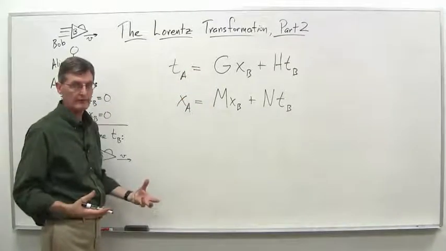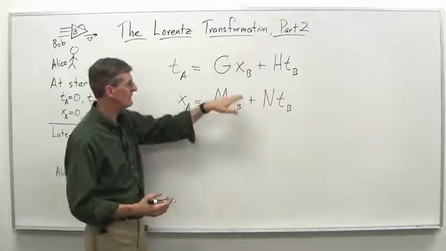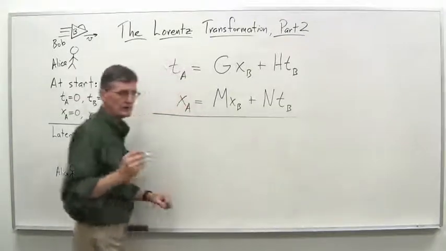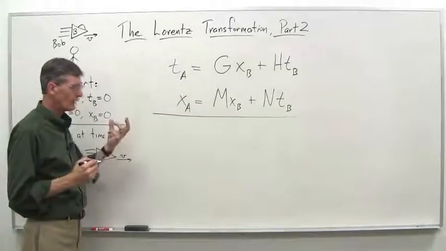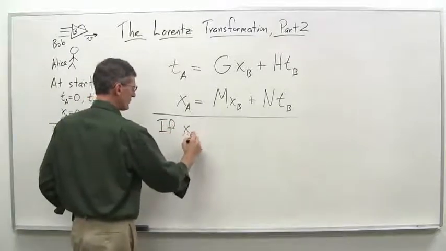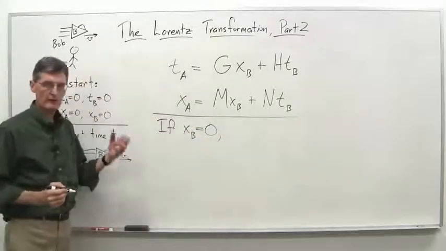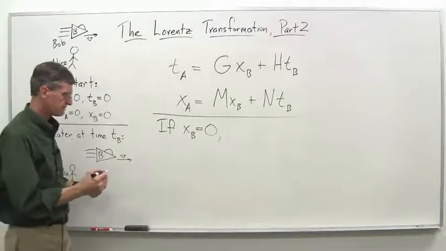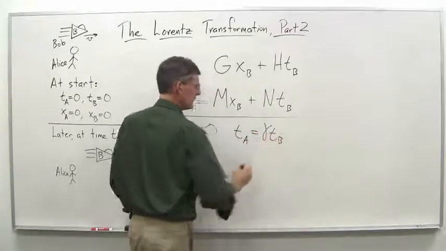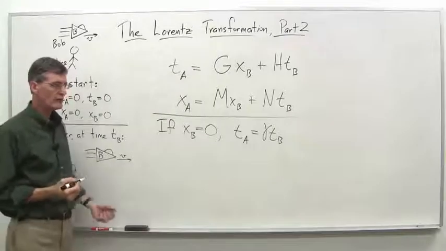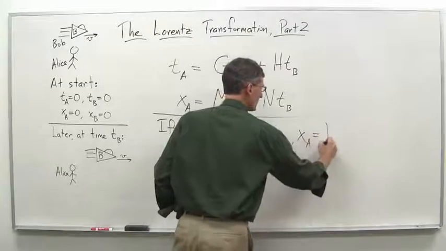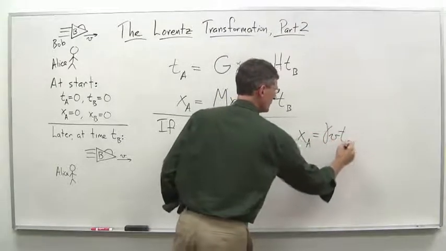Now, our final thing we have to do, and it takes a little bit of algebra, is figure out what G, H, M, and N are. We can immediately start off by going back to the case XB equals 0. We know from part 1 that if XB equals 0, TA equals gamma TB, our basic time dilation equation for that special case, and XA equals gamma V TB.